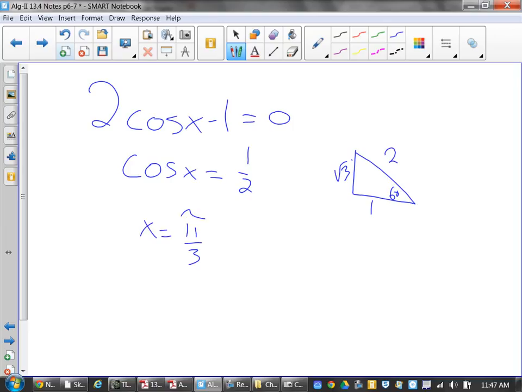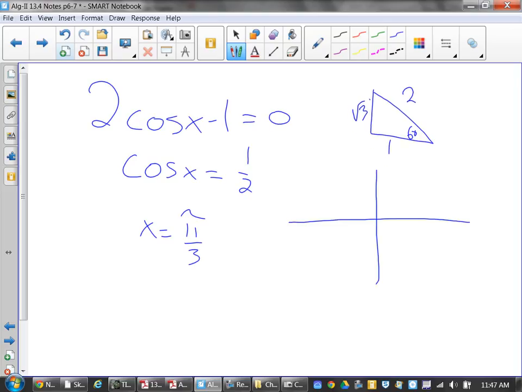Now here's where it gets a little bit interesting. Cosine has a positive value of 1/2 within what two quadrants? Cosine is positive here, and cosine is positive here. Cosine is positive in the first and the fourth quadrant because x is positive.